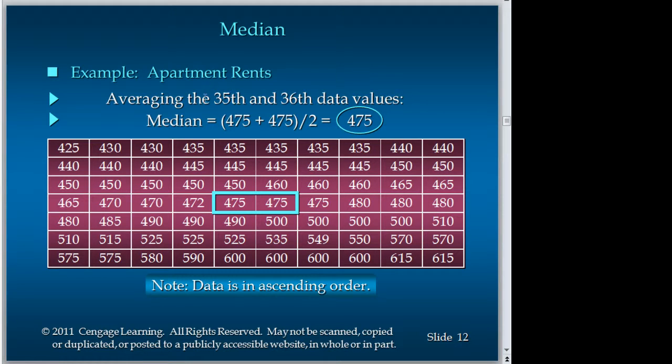So we're going to choose the 35th, and the one next to it, 36th. So if you count it, this is the 35th number, and this is the 36th number. It's just that it happened to be the same number, but in many cases it won't be the same. But doesn't matter. We're just going to pick the middle two, like we did in here.